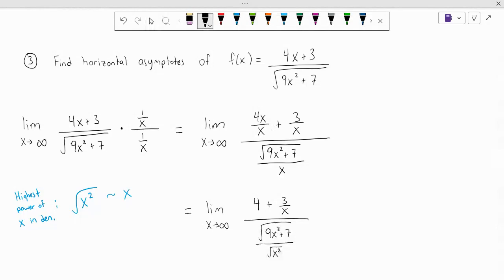You can just make that substitution. And the reason why this is beneficial is because in the denominator here I can combine these into a single square root, just using properties of square root.